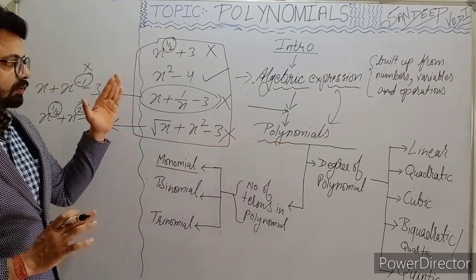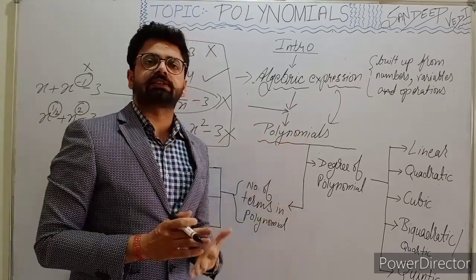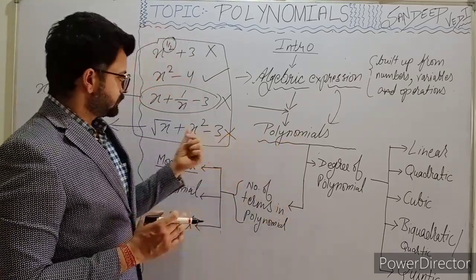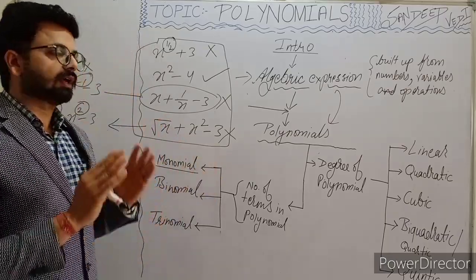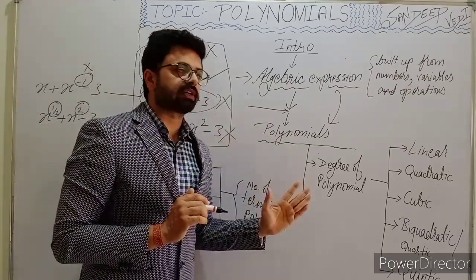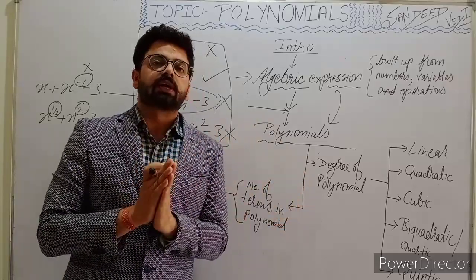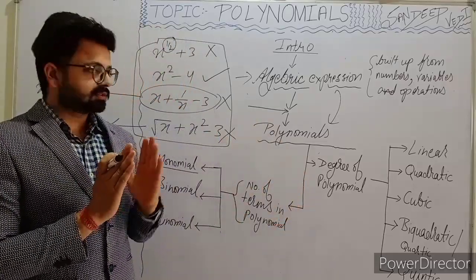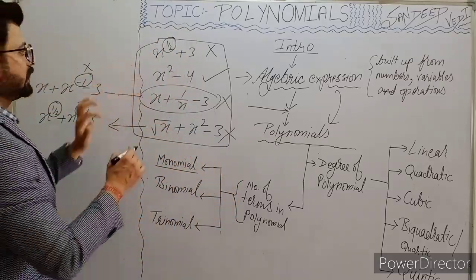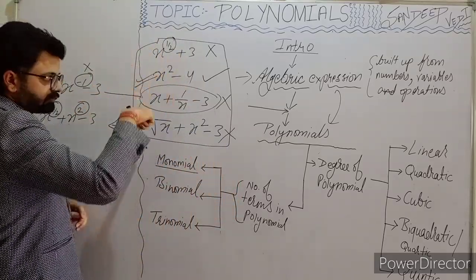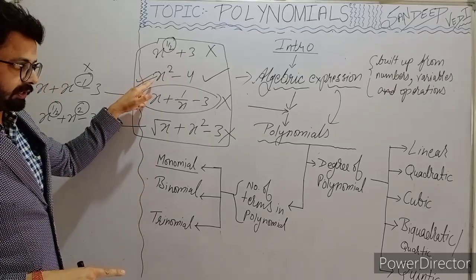Got it? So what speciality is there in the polynomial? Polynomial is also an algebraic expression, but it's a special type of algebraic expression in which the power of variable comes as a whole number. So here guys, you see this is one and only one example out of these four which is a polynomial.